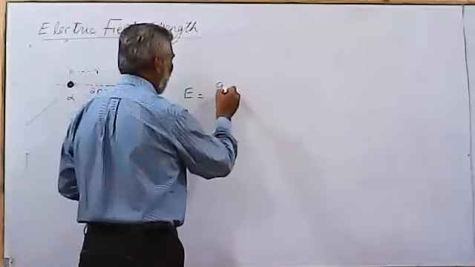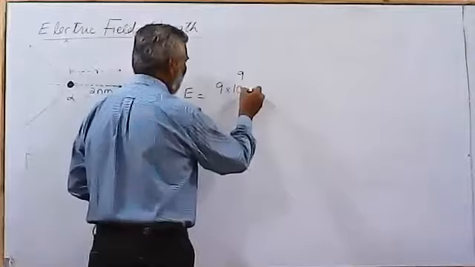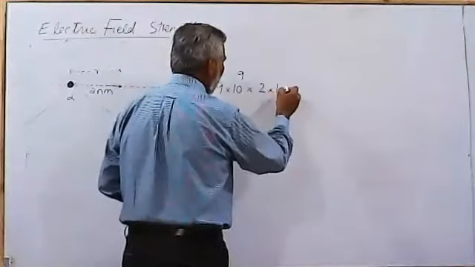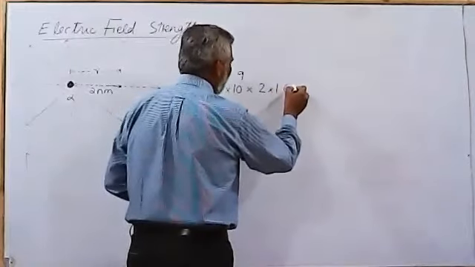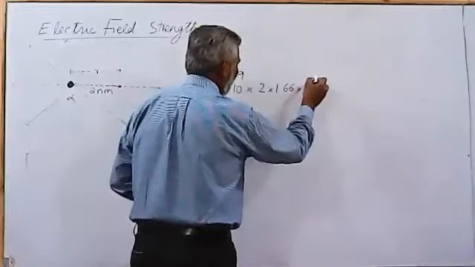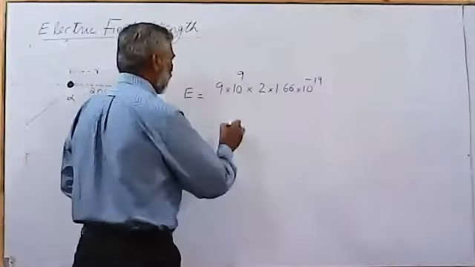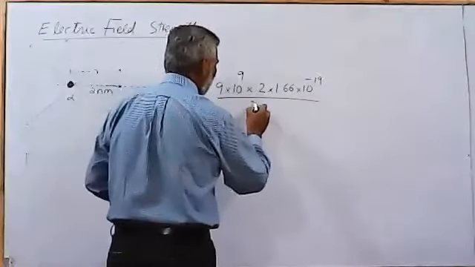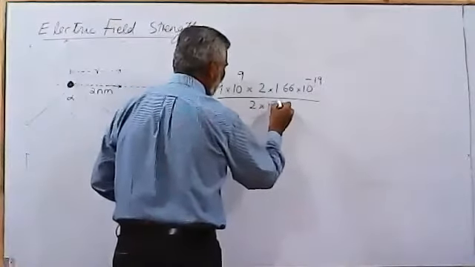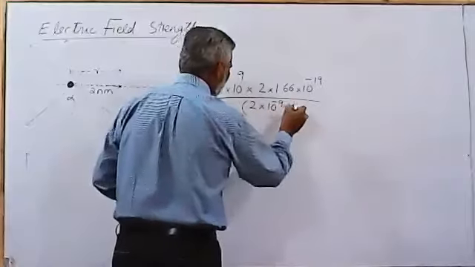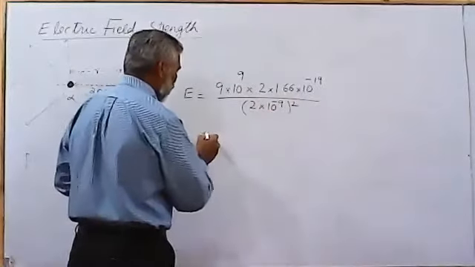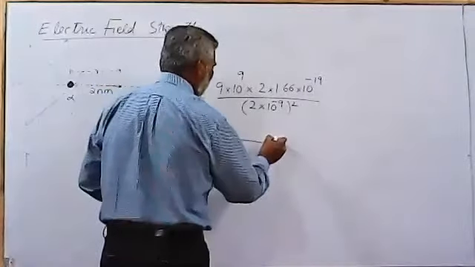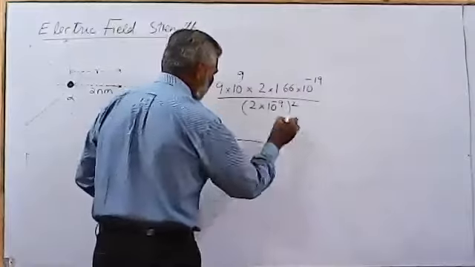So K is 9 times 10 to the power 9, into Q, which is 2 times 1.6 times 10 to the power minus 19 coulomb, divided by 2 nanometer squared, which is 2 times 10 to the power minus 9, whole square. When you simplify all this, you get your electric field strength in newton per coulomb.